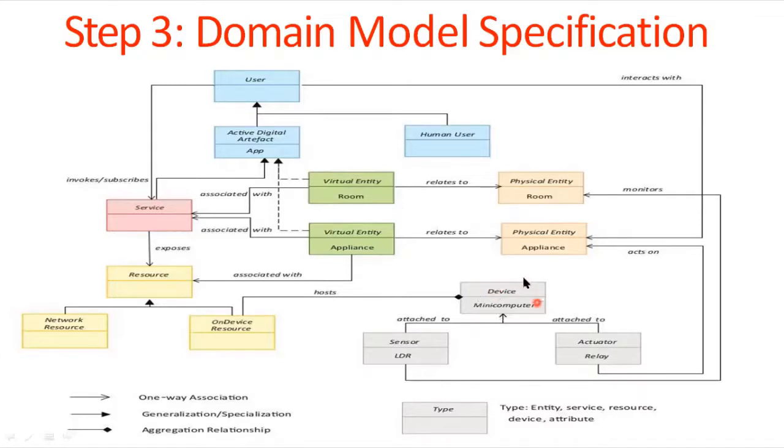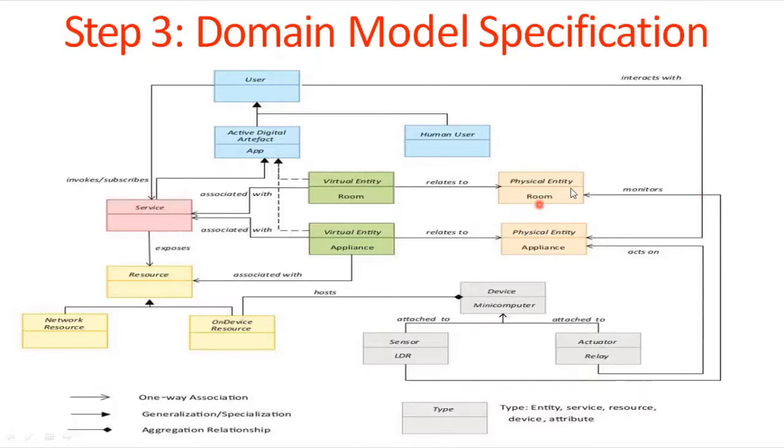The device has the on-device resource, and then this device is attached to an actuator, or this device is attached to a sensor. This is an LDR sensor, a light dependent resistor sensor. This light dependent resistor sensor monitors the physical entity room.